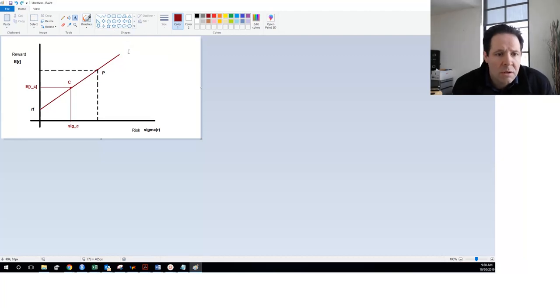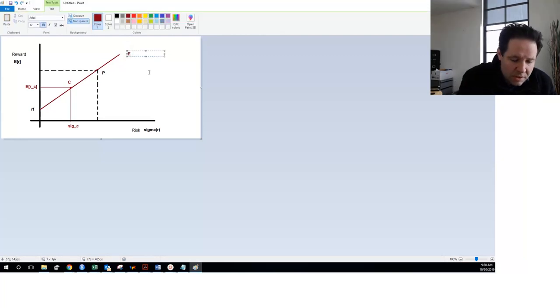The expected return of the composite portfolio is a function of the risk-free rate of return plus the slope, which I'm going to put in parentheses, times the x variable. That's going to be the standard deviation of the composite portfolio. We're going to relate these two things.